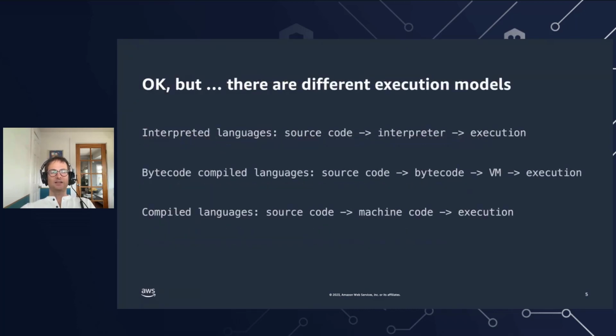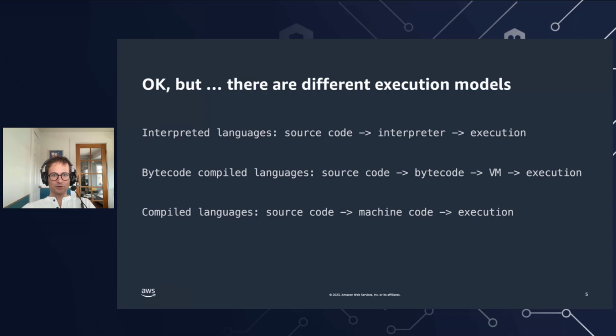Okay, but there's a little bit more complexity than that. There are kind of three different types of programming languages. A first type is the interpreted languages, things like a shell script or languages like Python or PHP.